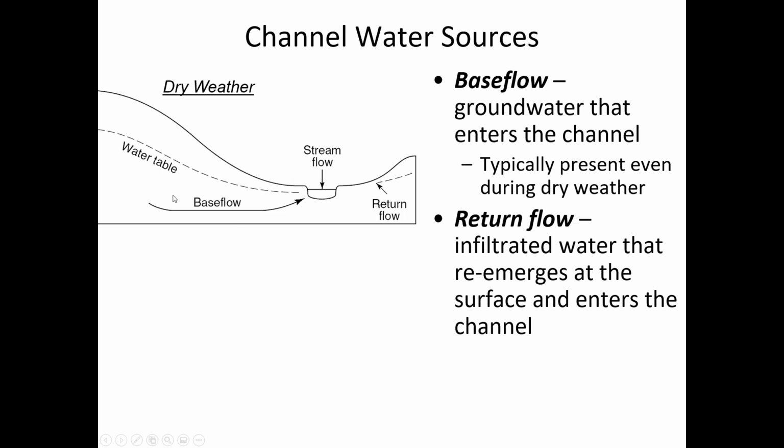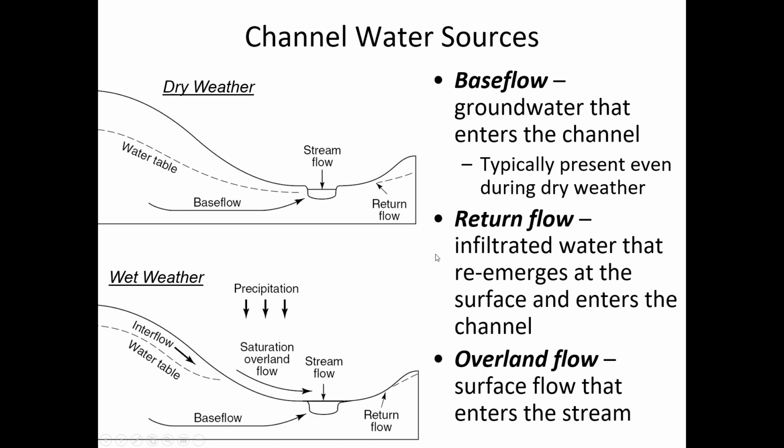We have our saturated water table beneath this dashed line, and the water is moving laterally towards the stream. That's base flow, whereas the return flow was what emerged at the surface. Now, when you've got wet weather, remember that the water table gets higher, and so there's going to be more base flow and also more saturation overland flow.